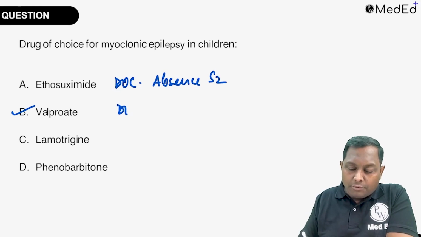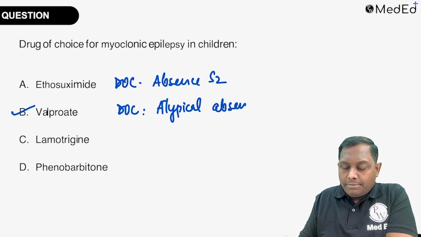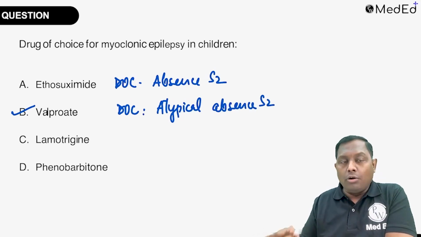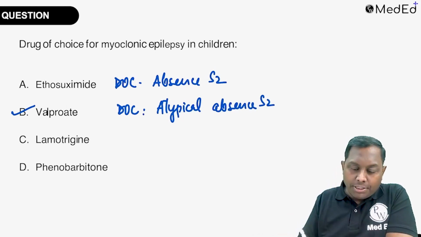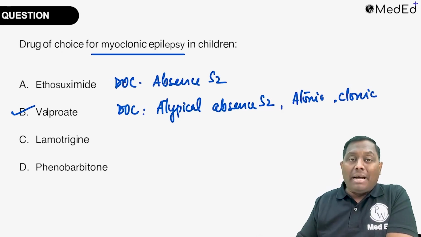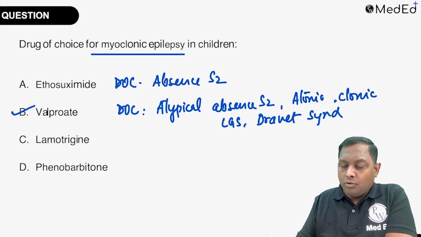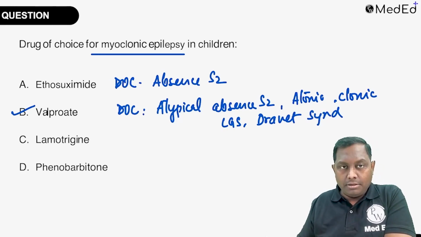Valproate is also the drug of choice in atypical absence seizure, atonic seizure, clonic seizure, myoclonic seizure, Lennox-Gastaut syndrome, and Dravet syndrome. In all these conditions, sodium valproate will be considered the drug of choice.